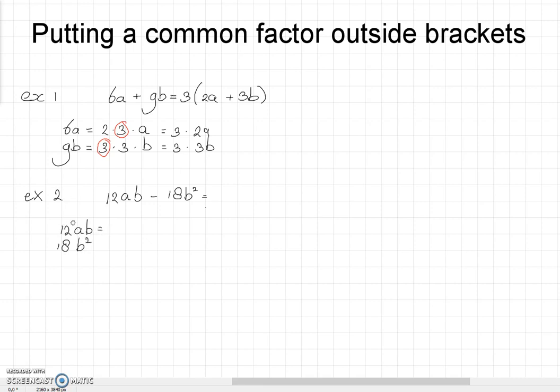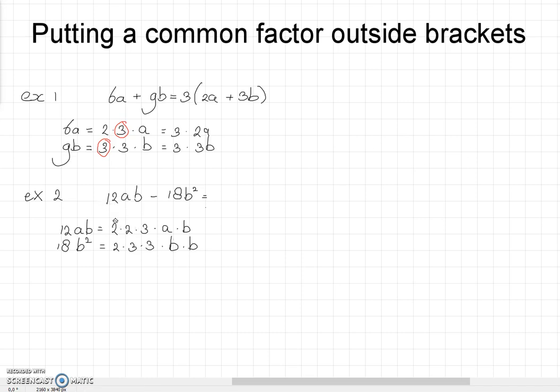12 is equal to 2 times 2 times 3, and ab is factorized. 18 is equal to 2 times 3 times 3 times b squared, and that's b times b. Now our next step is to find common factors.